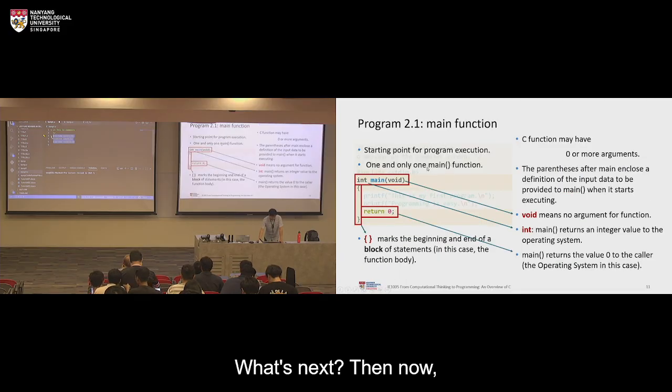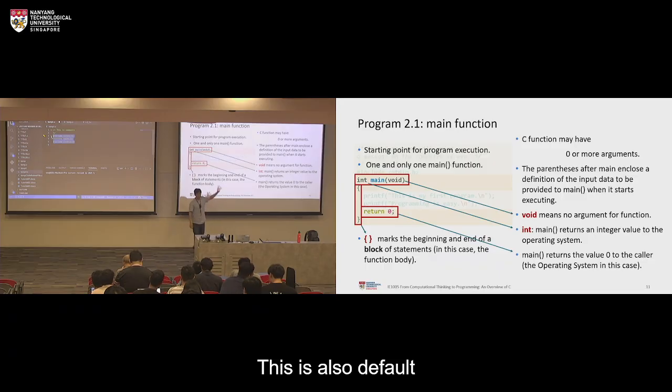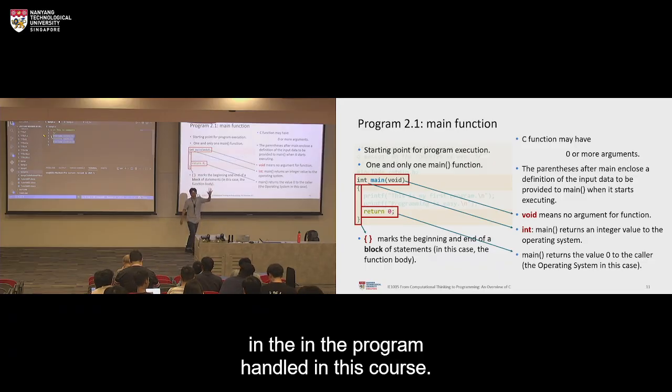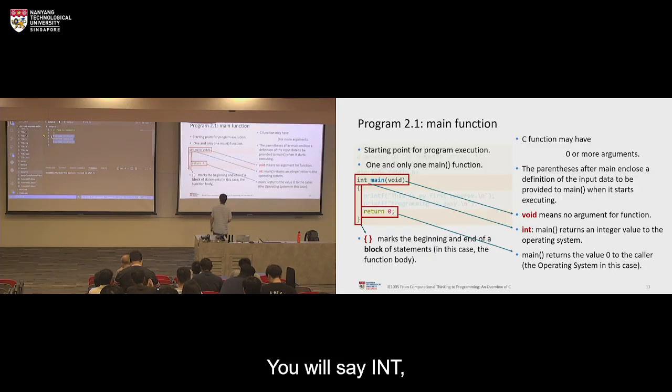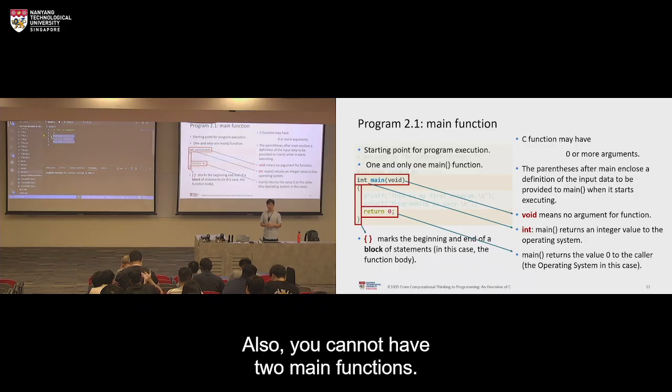Okay, what's next? All right, now you will define the main function. This is also kind of a default in the programs handled in this course. You will say int, integer, and the main function, main. Every C program must have one main function, and you cannot have two main functions.